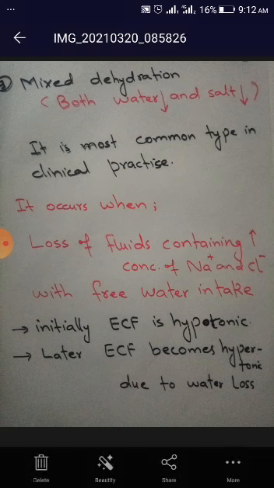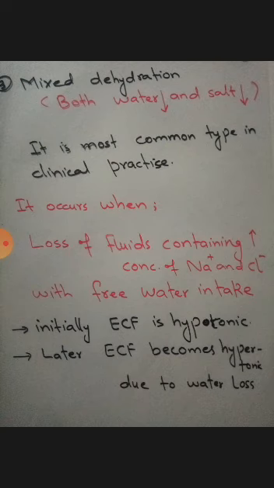Initially, the extracellular fluid, that is the ECF compartment fluid, will be hypotonic. Why is it hypotonic? Because when the patient is suffering from mixed dehydration, the ECF will try to compensate its water loss from the ICF, at the expense of the ICF.